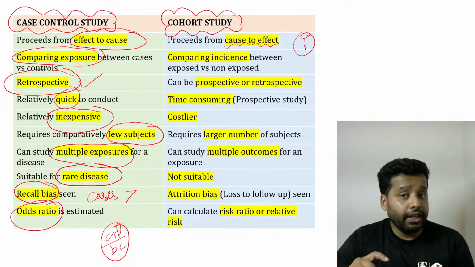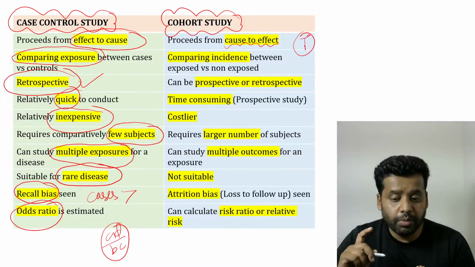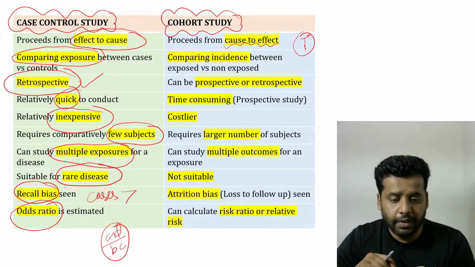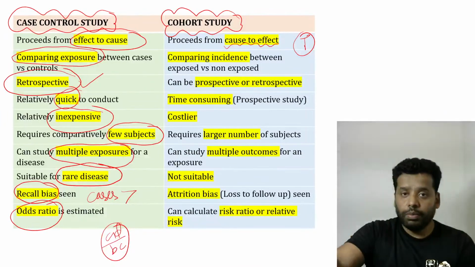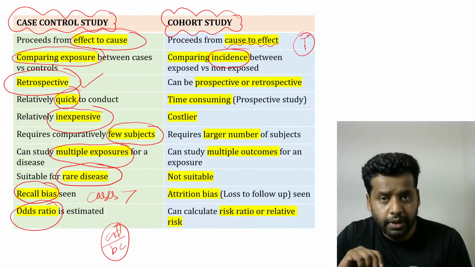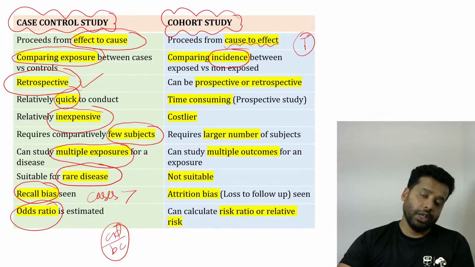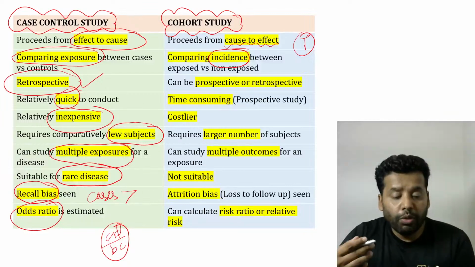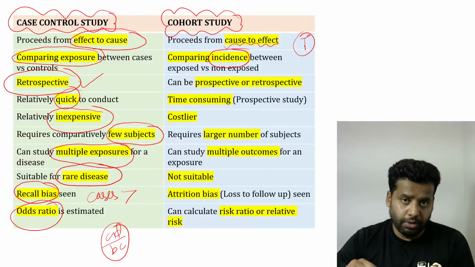Most important criteria to prove etiology, temporal association. Initially, I have discussed this word in the discussion part. Since you are doing follow-up in a forward direction, you calculate new cases between exposed and non-exposed group. How many new cases in exposed group versus how many new cases in non-exposed group.